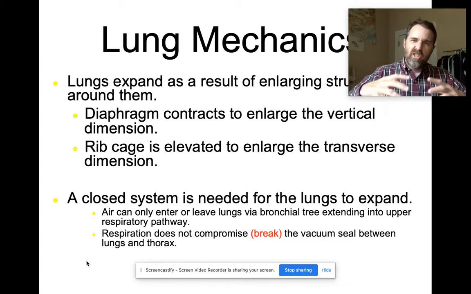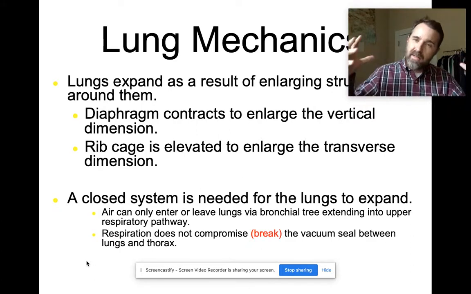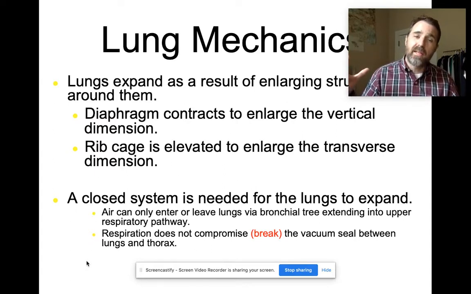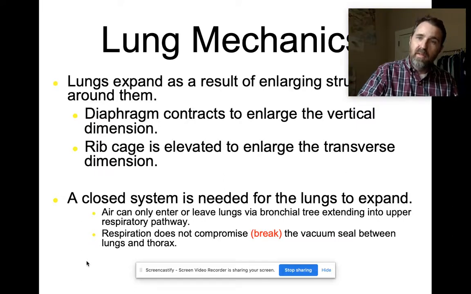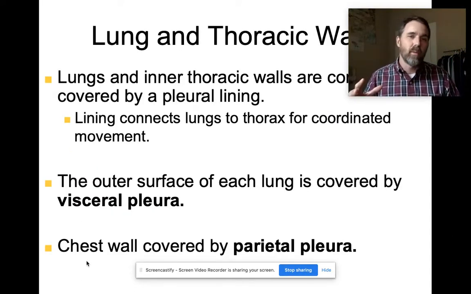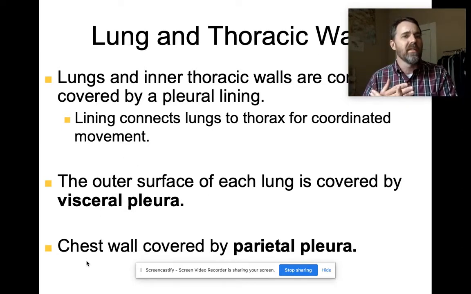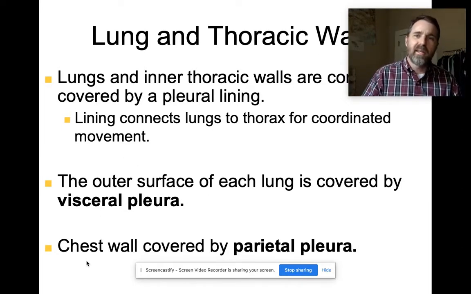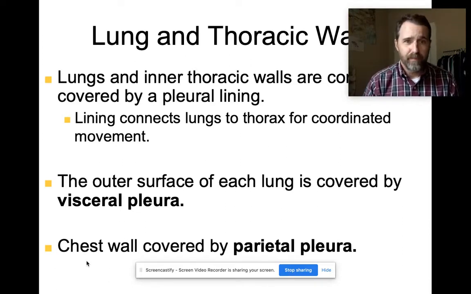There's a suction that exists between the linings of the lungs and the linings of the inside thoracic wall. That is how the lungs and the thorax are connected to one another. They're connected via a suction between their linings. Let's get into more detail about what these linings are.